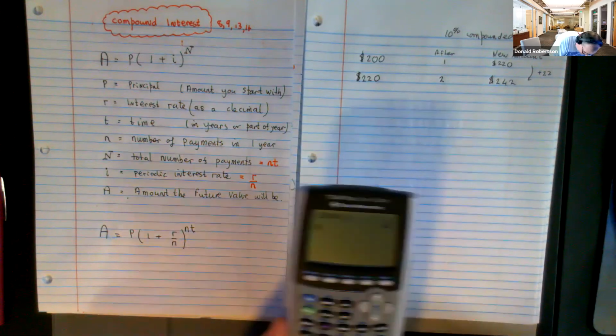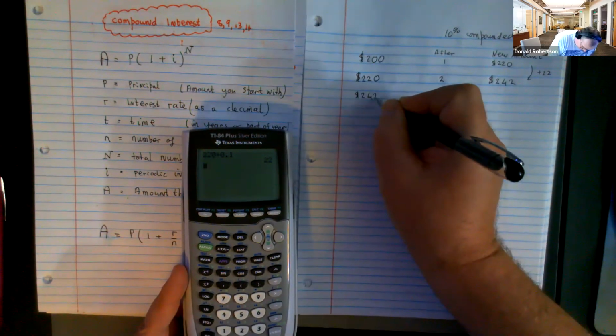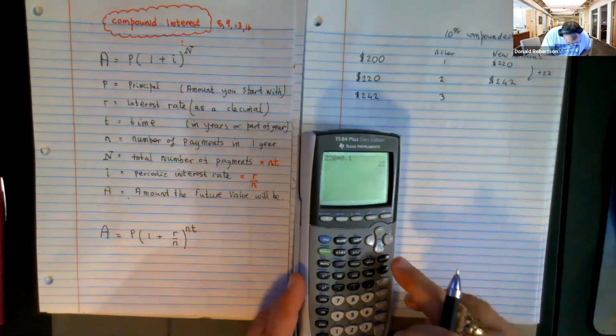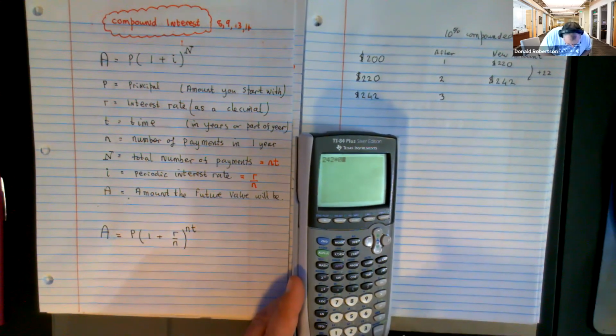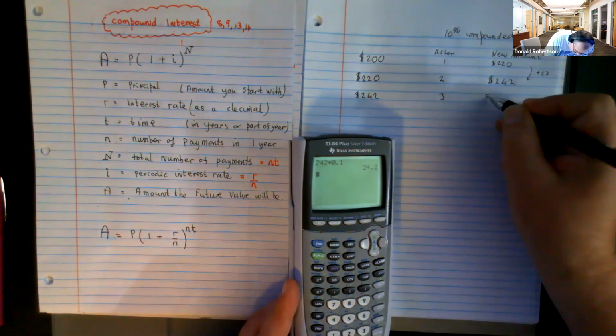I'll do one more. So you start the next year with $242, and at the end of year 3, you're going to have $242 times 10%, so that's another $24.20.